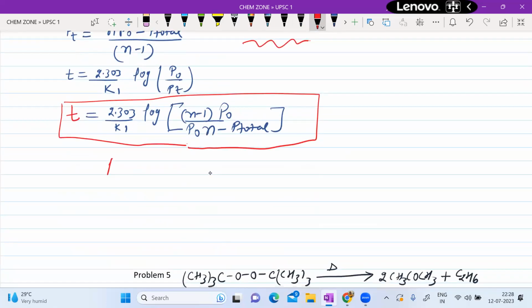Suppose an equation is given to you that A gives P after decomposition. In this reaction, only one product is obtained. So if we put the value of n here, we will get the expression of a first order reaction as... A gives B plus C. We will get two products here.